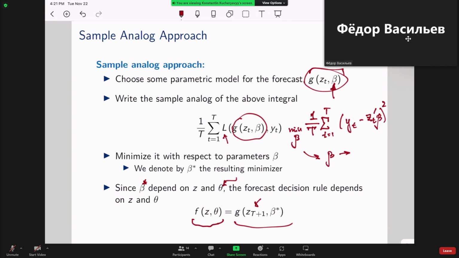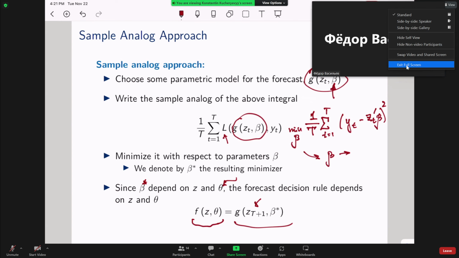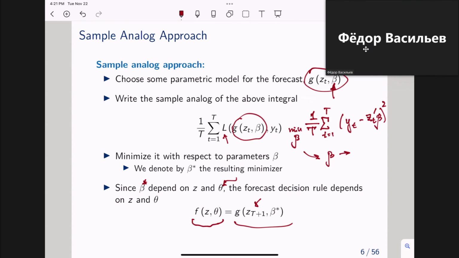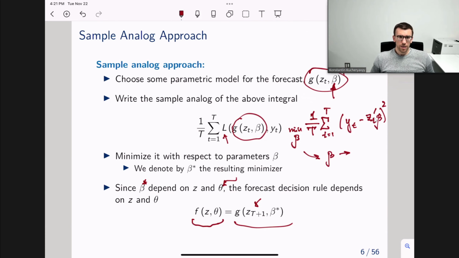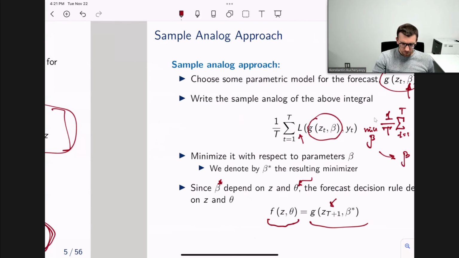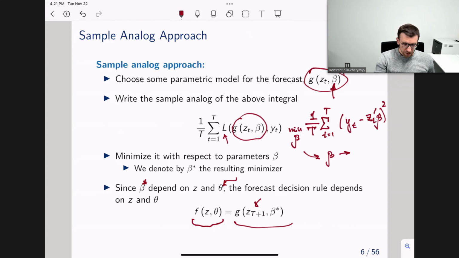Maybe we do not always have a sample analog to any model. You see, I think we can always write it this way. So the way I formulated the problem, like minimize this expected value, that's it. We don't need to do much.